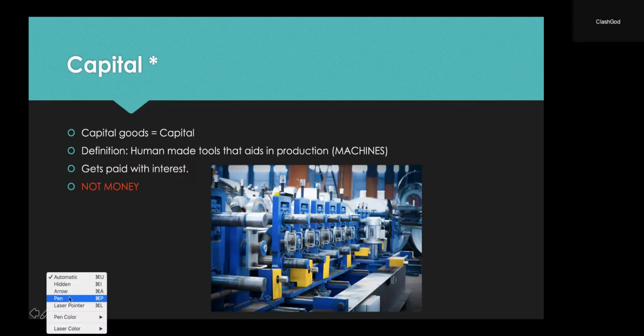The third one is called capital. Now, a synonym to capital is capital goods. They're just the same meaning. So when you see capital goods, just think about capital. And capital is considered as human-made tools that aid in production. It's very interesting. When you think about this, you can just think about these machines.